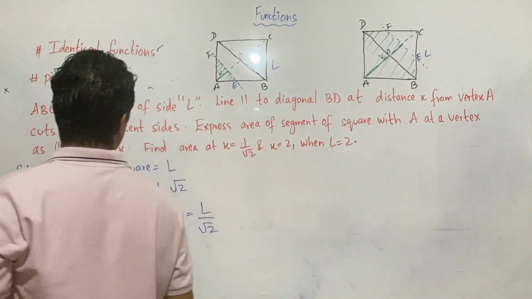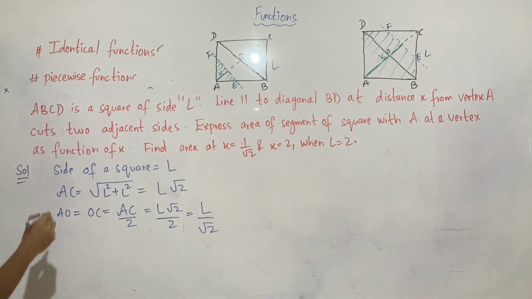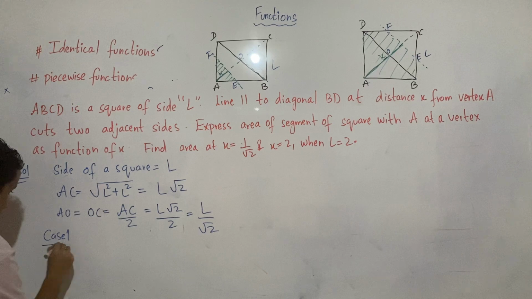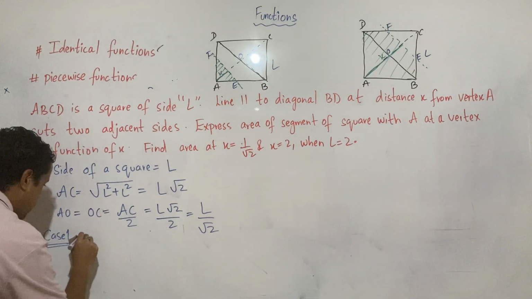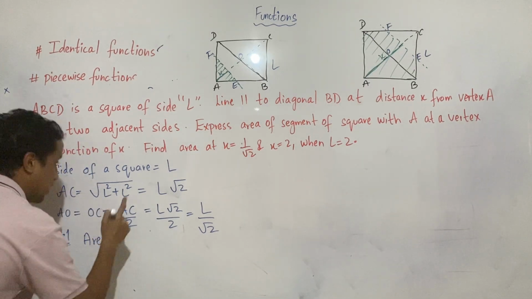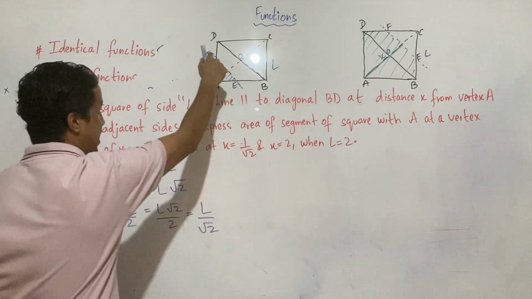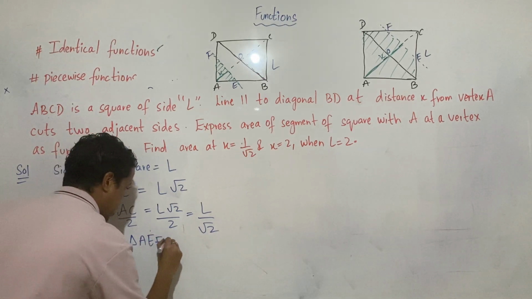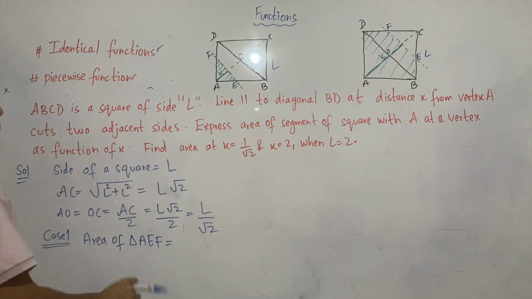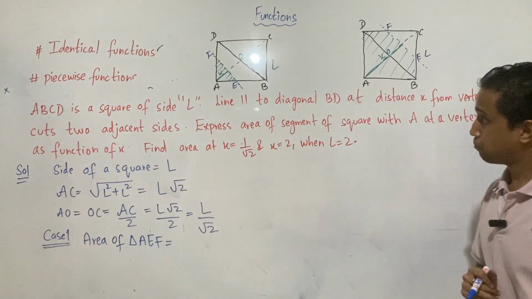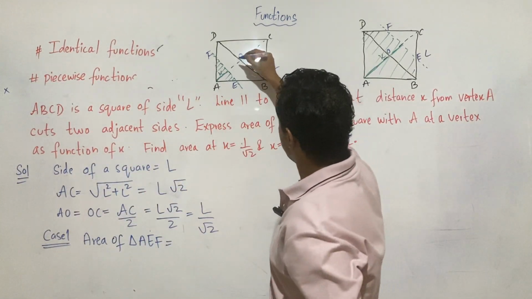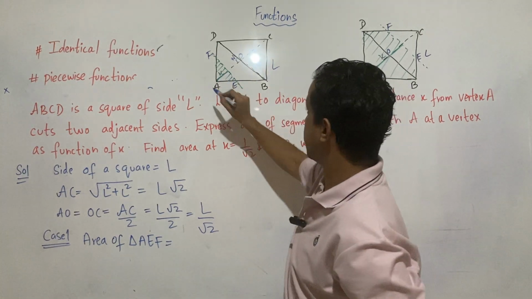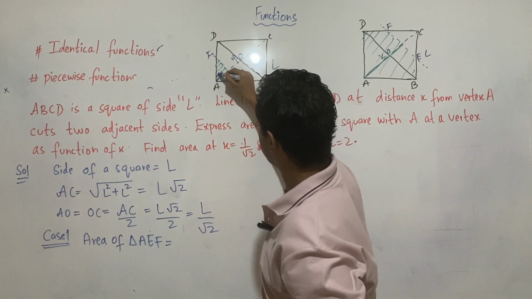Now we have to find out the area of this segment. So this is your case 1, area of segment, or area of triangle AEF. So what is it going to be? Now, see here, this is your 90 degree, and this is already 90 degree, it means this is 45 degree, right?